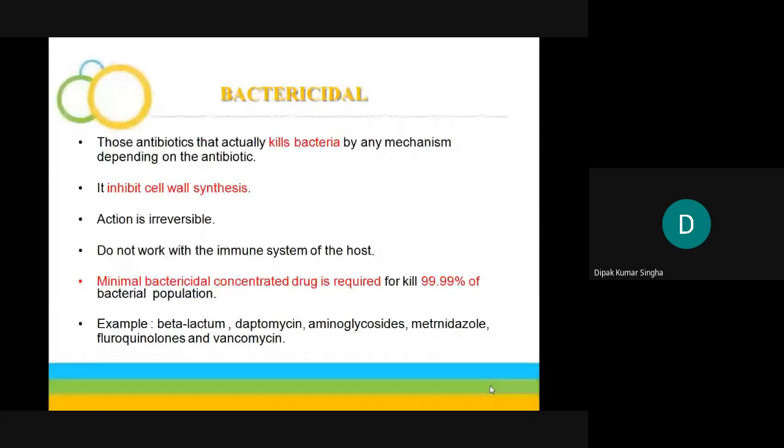Another is the fluoroquinolones, a chemical class with many antibiotics like ciprofloxacin, ofloxacin, sparfloxacin, lomefloxacin, levofloxacin, and another is vancomycin. These are examples of antibiotics used for bactericidal action.